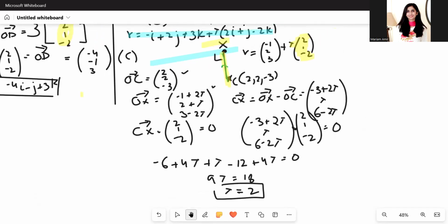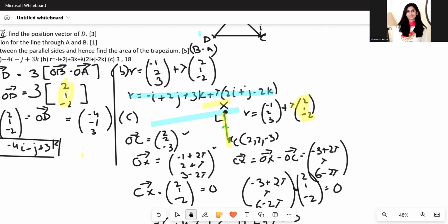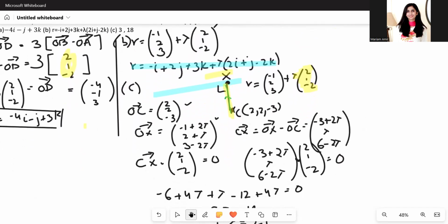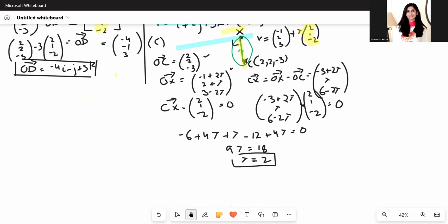And we need the perpendicular distance from C to the vector line. So we will find this vector CX by substituting the value of lambda in CX and then find its magnitude. That's going to give us the perpendicular length.